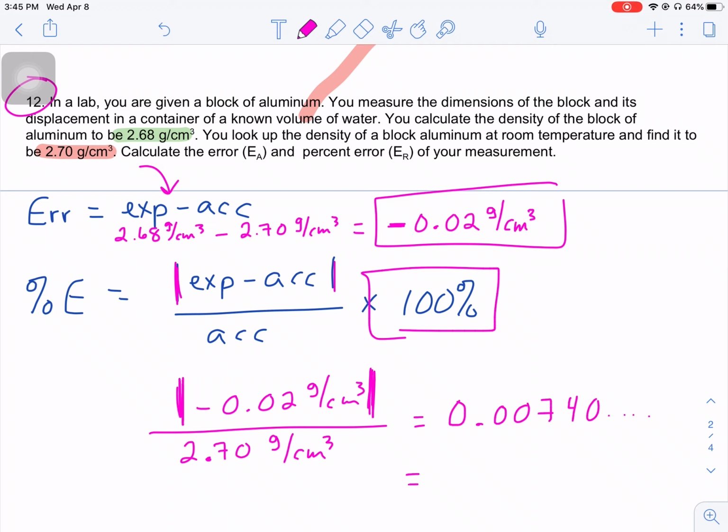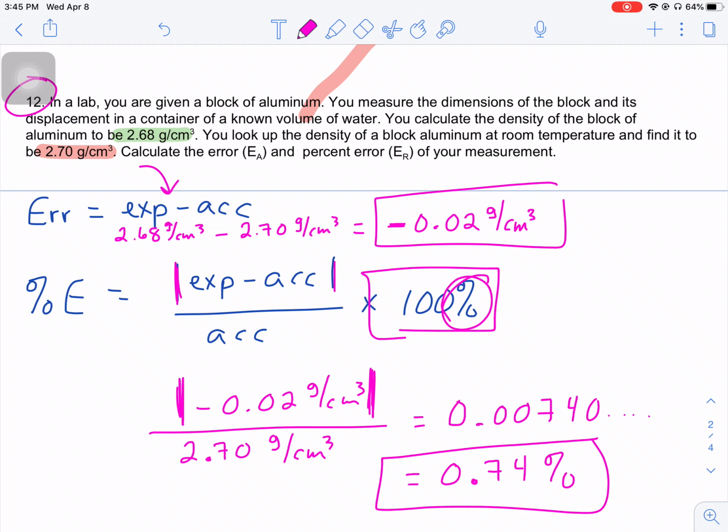So when I do that in my calculator, I get 0.74, and a gram per centimeter cubed divided by a gram per centimeter cubed is going to cancel out, and what you're going to end up with is no unit, but what you're going to do is plug in just percent, okay? So, final answer for that particular problem, just remember for percent error, you cannot have a negative number. For just regular old error, you can have a negative number.